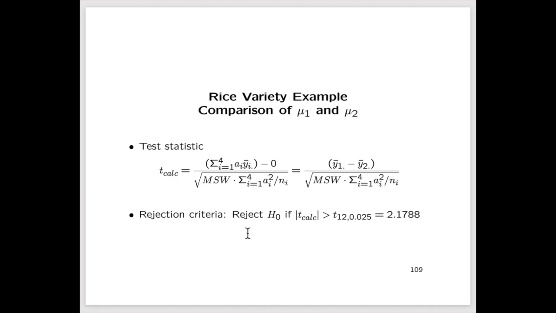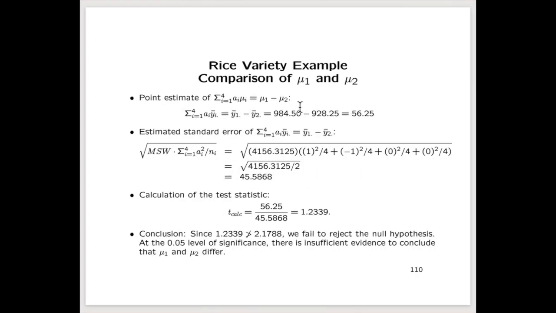This is the form of tcalc for this particular comparison. The rejection criteria is to reject the null hypothesis if the absolute value of our test statistic tcalc is greater than the upper 2.5 percentage point of the t-distribution with 12 degrees of freedom, which, if you look that up, is 2.1788.